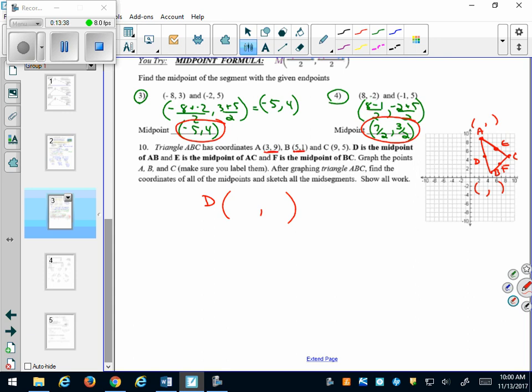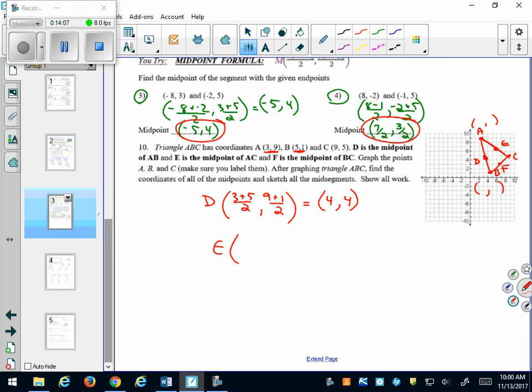So we're using A and B, those are the endpoints, where the midpoint is D. So we're going to do 3 plus 5/2 and 9 plus 1/2 to get our midpoint at 4, 4. Over 4, up 4, and the midpoint would be right there. My smartboard's a little bit off here, so it's kind of hard to get it accurate.